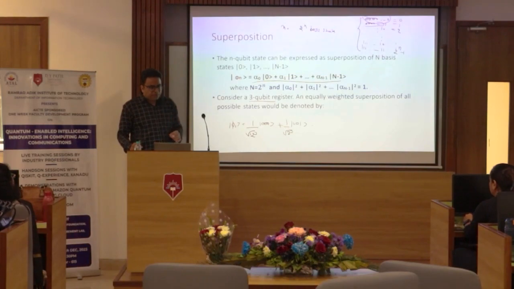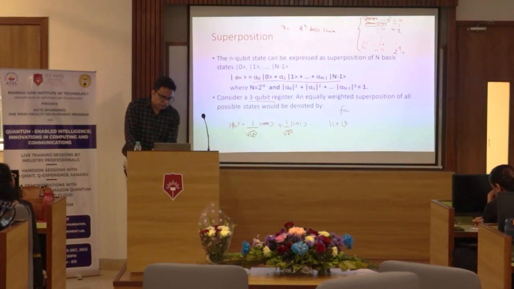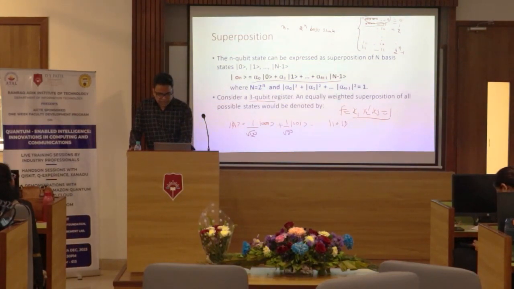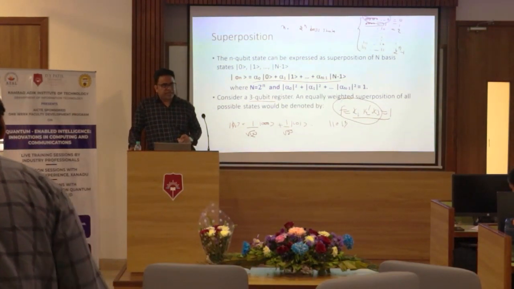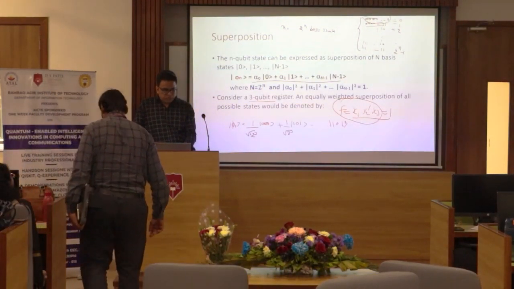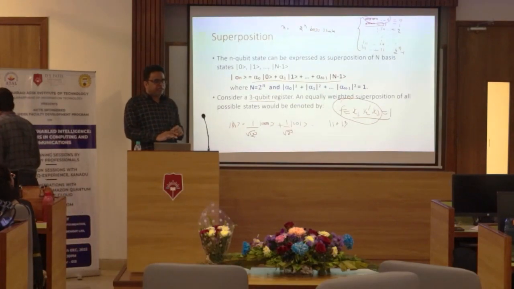But I am interested in one of them, that is 101. Actually, I am not interested in 101 as such. I am interested in finding the solution of this f, that is x1, x2 dash, x3, and we do not know the solution in advance. An equal superposition can be created by applying 3 Hadamard gates.